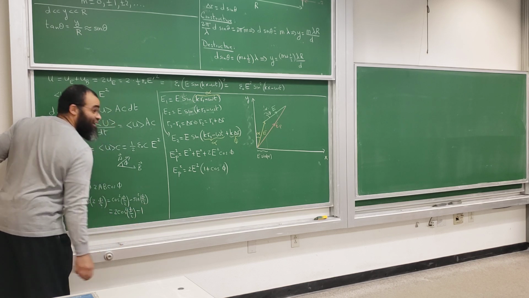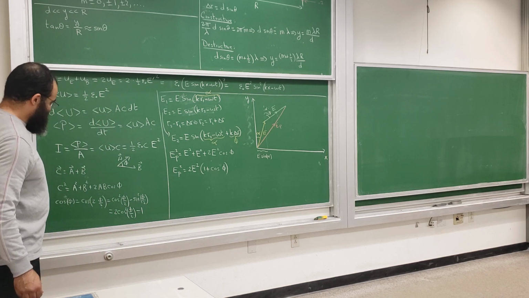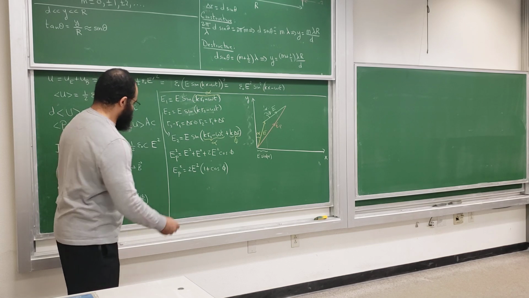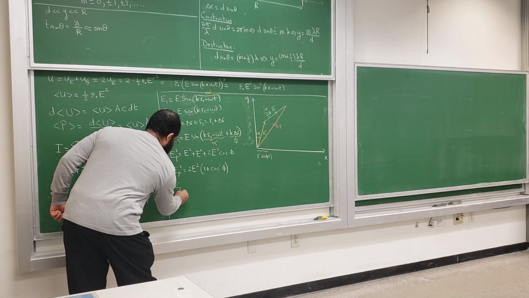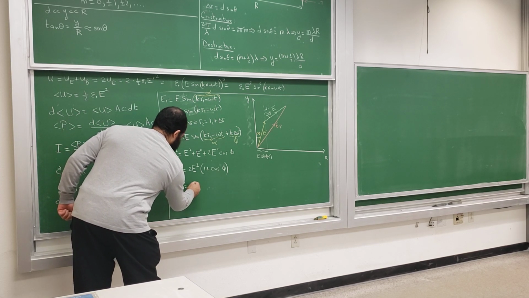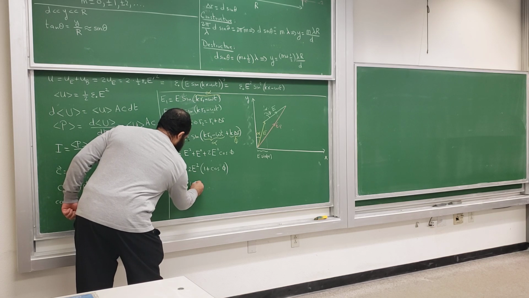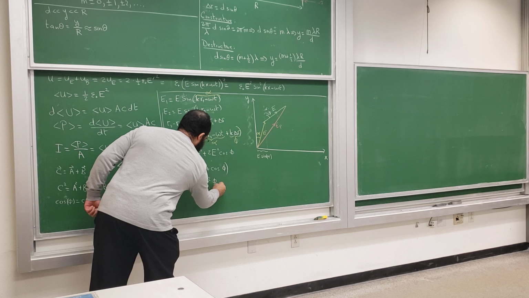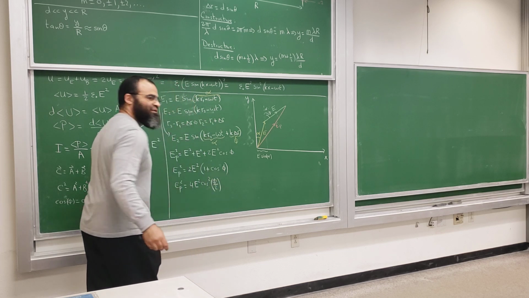That's what we did. So plug that in here, and you will get EP squared is equal to 4E squared cosine squared of phi over 2. Okay, that's what we have.